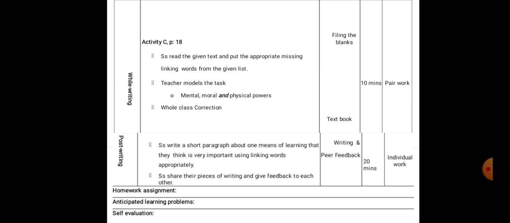The last stage, we have post writing, or production. Students start to produce.